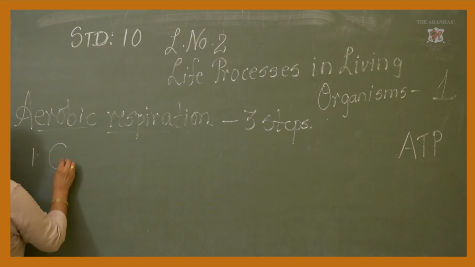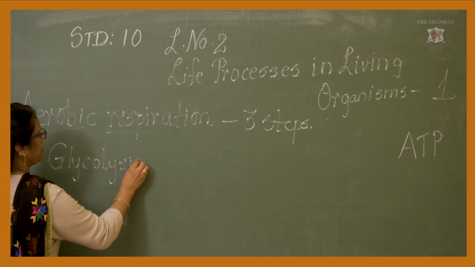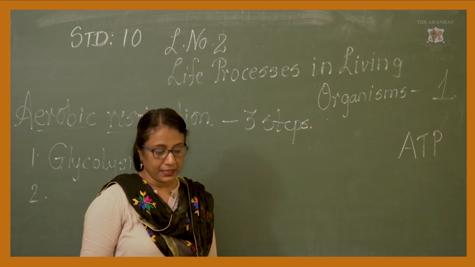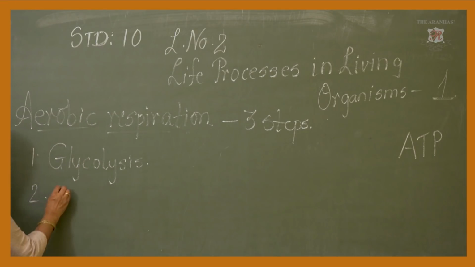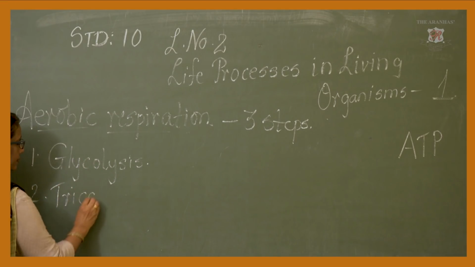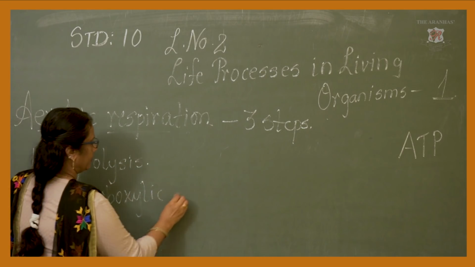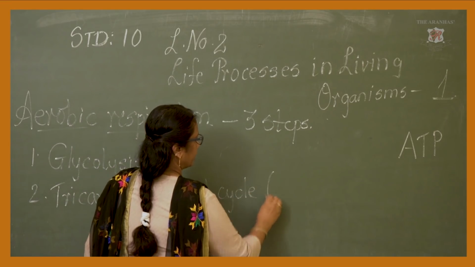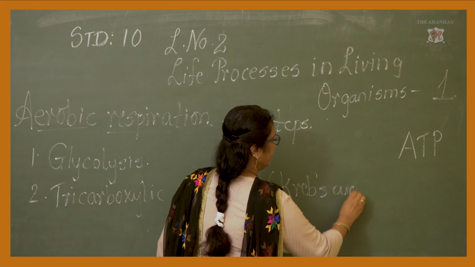First step is glycolysis. Second step is the tricarboxylic acid cycle, which is also called the Krebs cycle or the citric acid cycle, you can call it anything.